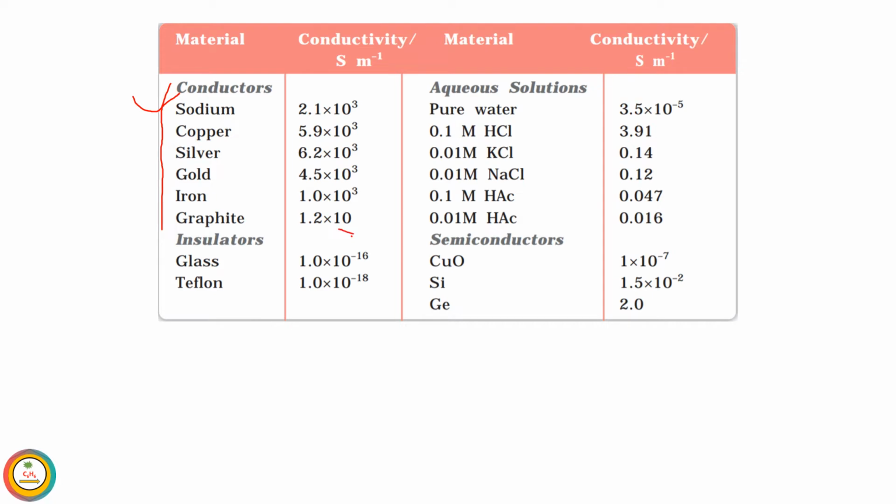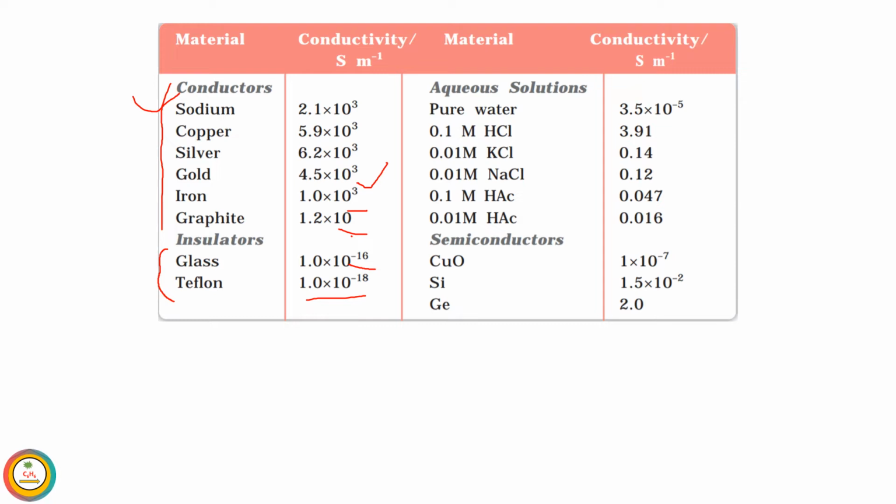This high value indicates that these conductors allow easy passage for the electron, and the very low value of conductivity for insulators indicates that these materials do not allow passing of current. They have high hurdles for electron movement.